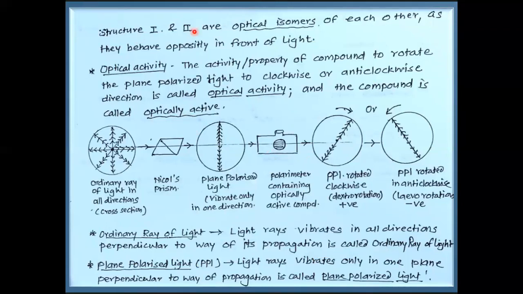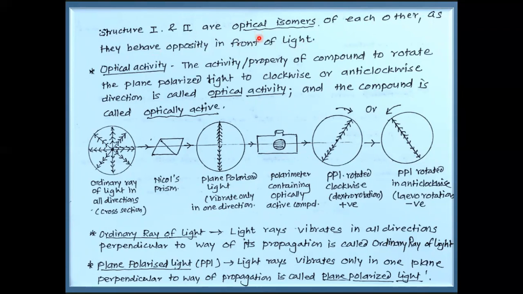Now here, structure 1 and structure 2 are optical isomers of each other, as they behave oppositely in front of light.